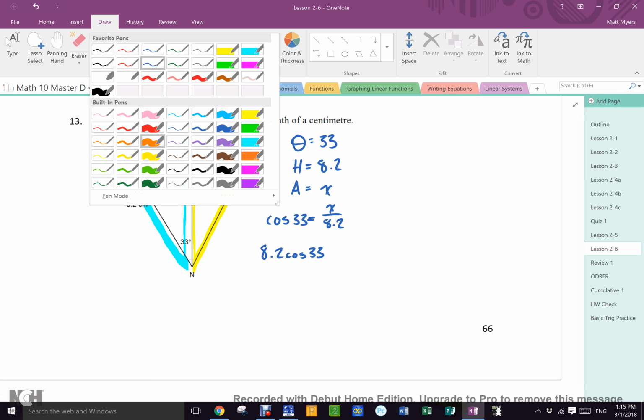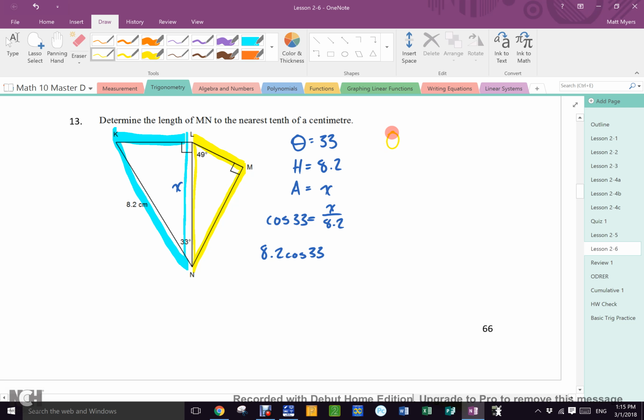Now, I'm going to change over. I'm going to get out yellow. In the yellow triangle, do I have a theta? What is it? 49. What else do I know in the yellow triangle? I know the hypotenuse is what? 8.2 cos 33. And what do I need? I need m to n. Can I make this x? Why am I not allowed to make this x? Because I've already got an x, so I have to choose a different letter.